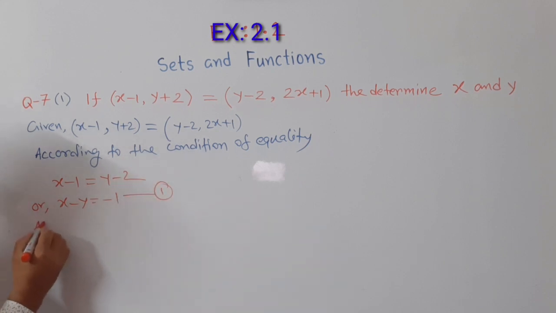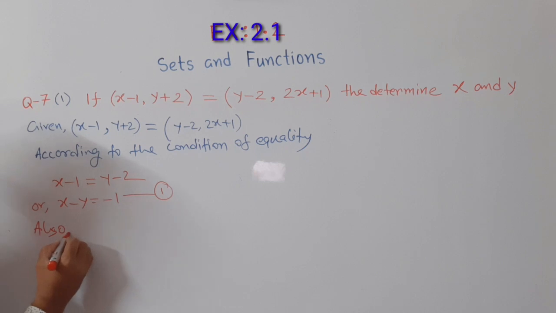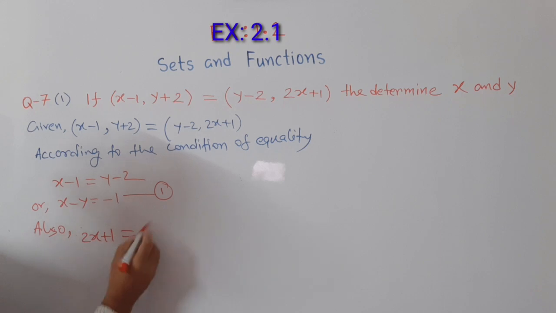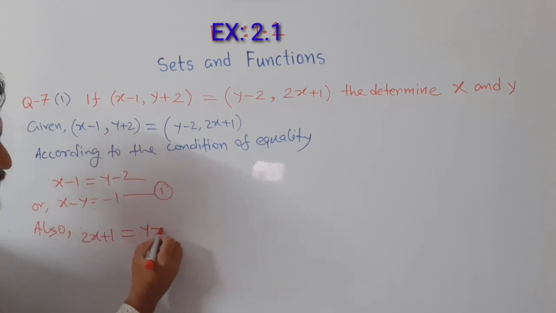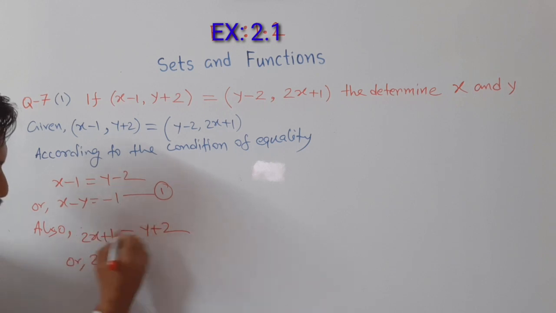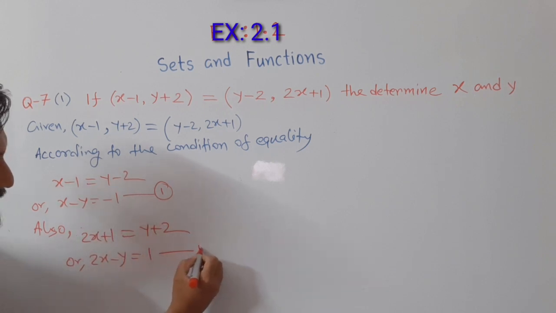And also you can write the second elements, which are equal. So you can write 2x plus 1 equals y plus 2. By simple calculation, y passes to the left hand side, so 2x minus y equals 2 minus 1, that means 1. Mark this as equation 2.